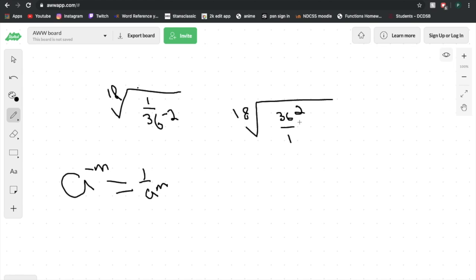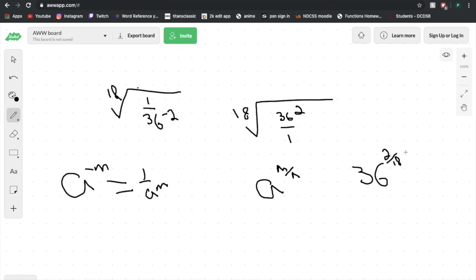So all you're going to do from this point is get the main form, which is a to the power of m over n, and place the numbers in their correct positions. As you see, the 36 over 1 is the big base, so 36. The power of 2 is in the m spot, so it's 2. And then the 18th root is in the n spot.